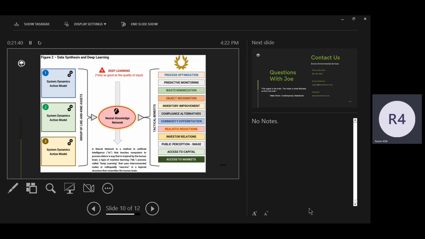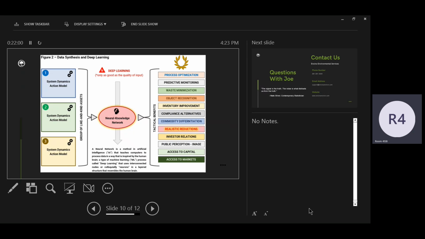And then what's the benefits? Well, you have process optimization. I put that at the top. If you're learning from your mistakes and you're improving the system, then you're going to optimize your process. You move into predictive monitoring, waste minimization, object recognition, which I explained earlier.